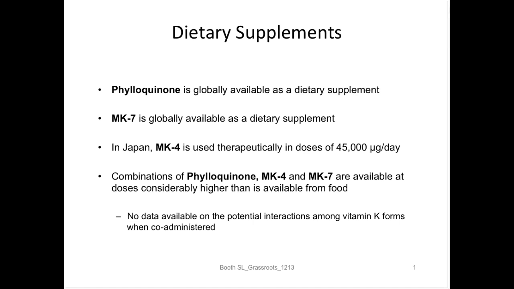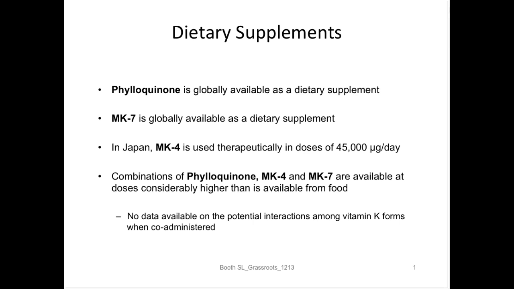Now in Japan, menaquinone 4, which is the form that phylloquinone converts to in our body, is actually used therapeutically in very, very high doses of 45,000 micrograms per day, not milligrams per day. And then we have combinations of phylloquinone, menaquinone 4, and menaquinone 7. And these are available in supplements at doses considerably higher than in food.